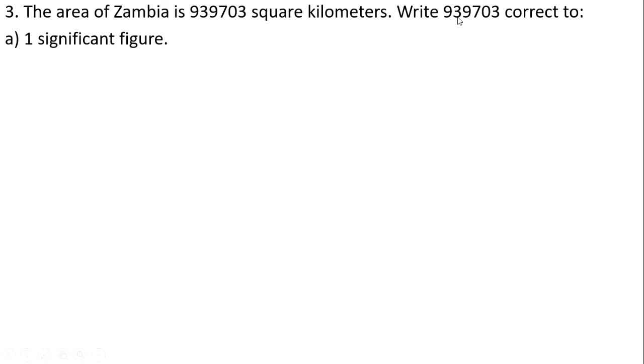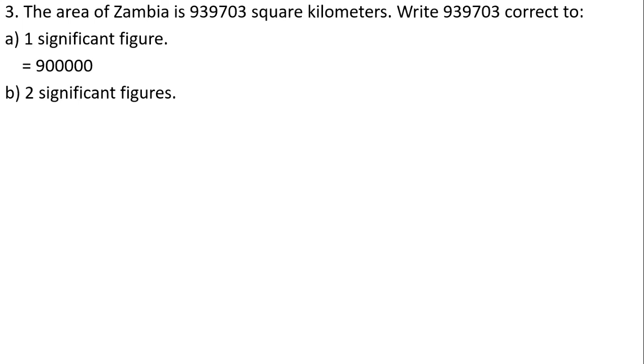Since 3 is less than 5, we are going to add a 0 to 9, and all those digits will have to change to zeros so that we have digits which are not significant. So 939,703 is the same as 900,000 correct to one significant figure.